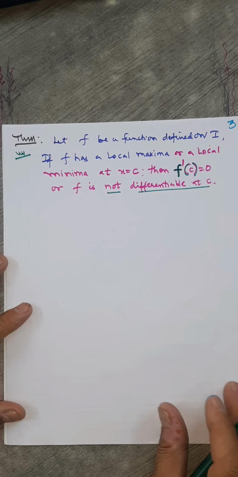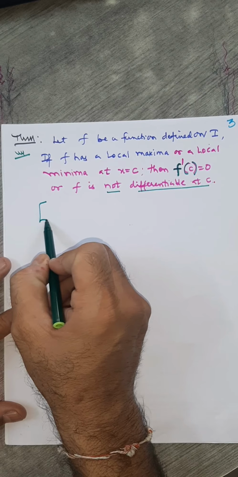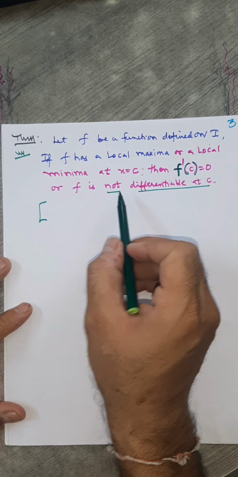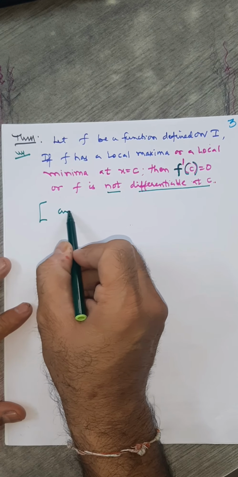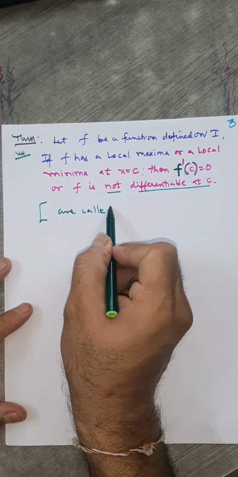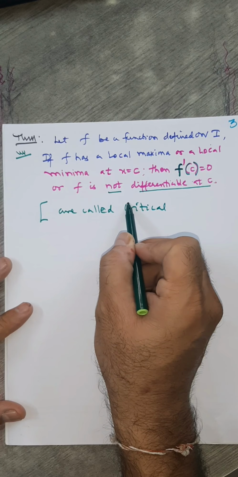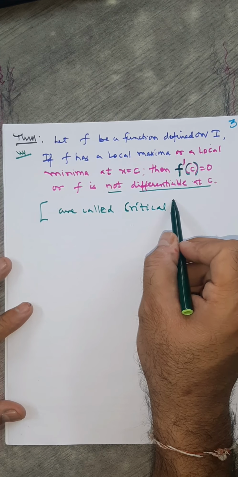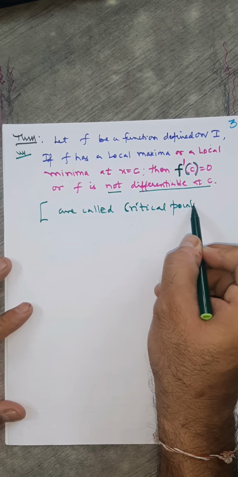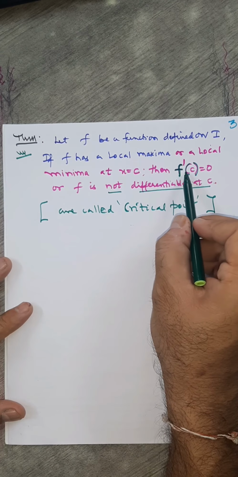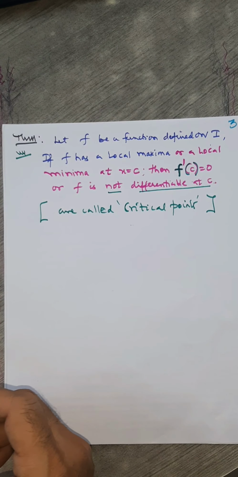And here the points where the derivative is 0 or the function is not differentiable are called critical points. Such points where this or this holds are called critical points.